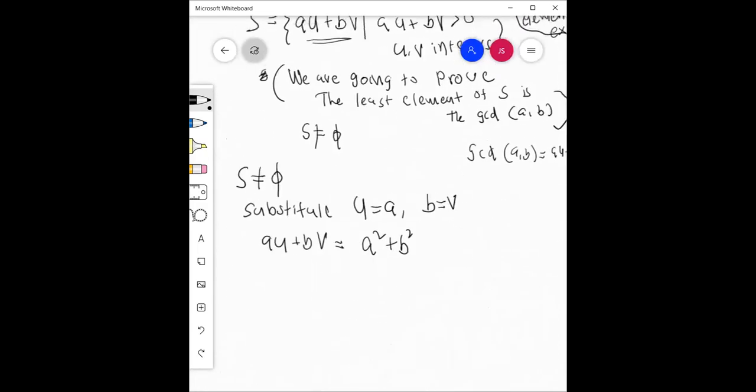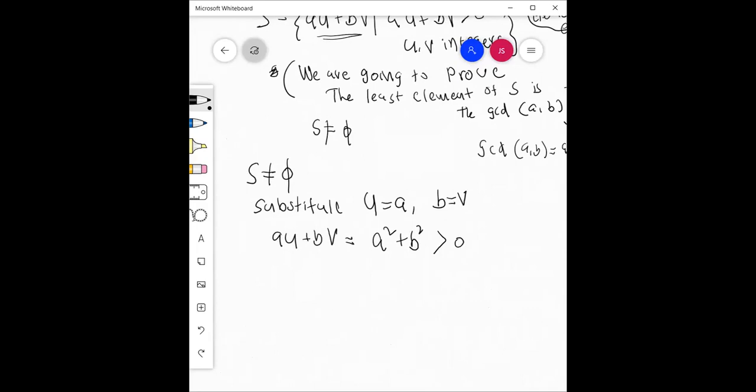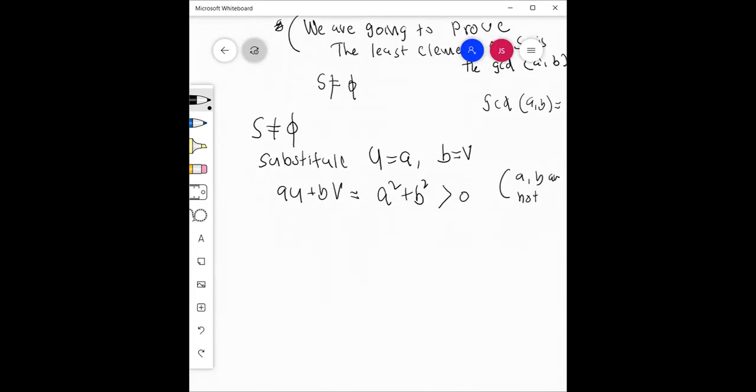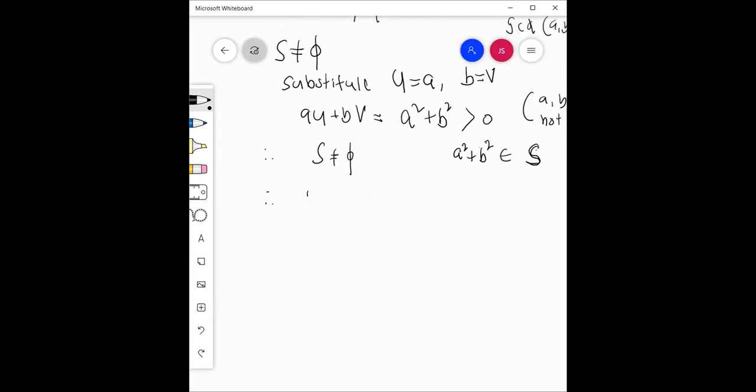So this must be greater than 0, because A and B not both 0 means at least one is non-zero. So A squared plus B squared is greater than 0. Therefore S is non-empty, because A squared plus B squared is a member of S.